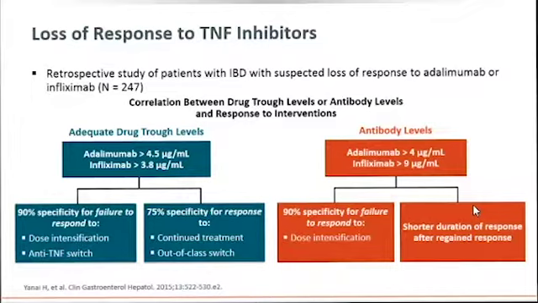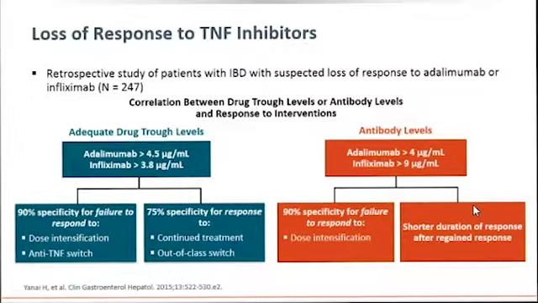This is a nice diagram explaining how to approach your patient who has loss of response during maintenance, what you call a reactive approach. If you have an adequate drug trough level, meaning adalimumab is more than 4.5 and infliximab more than 3.8, then you have a 90% specificity for failure if you did dose intensification or an anti-TNF switch.